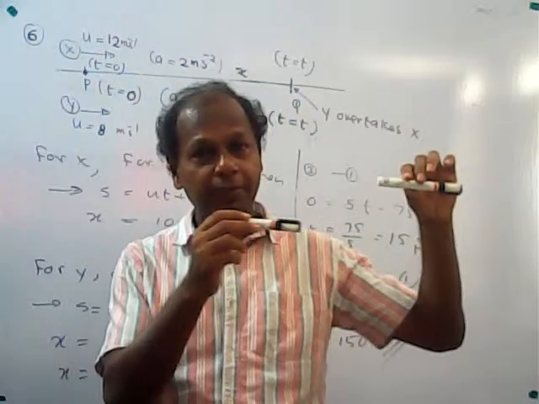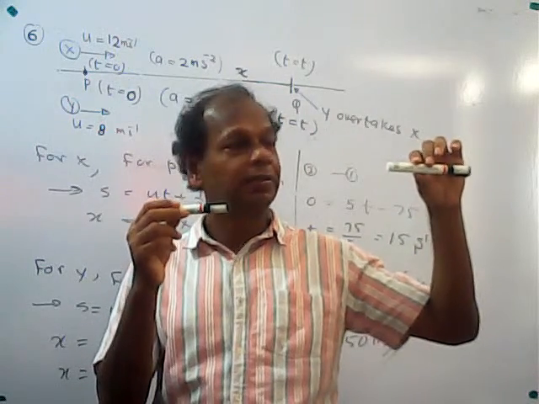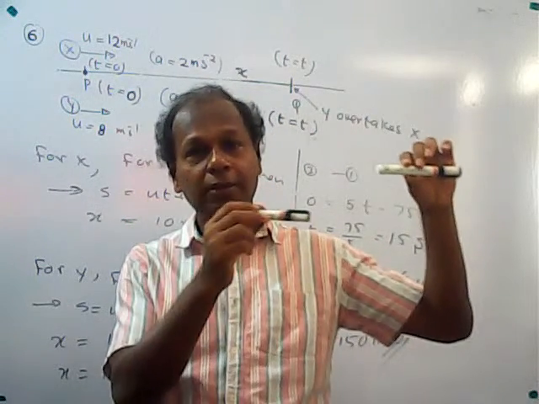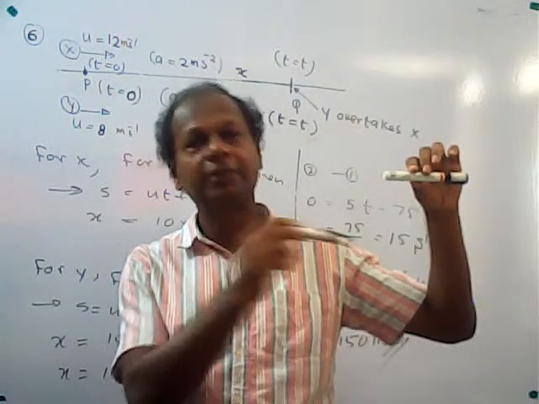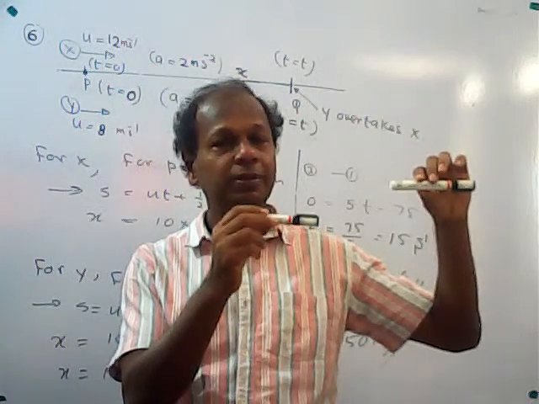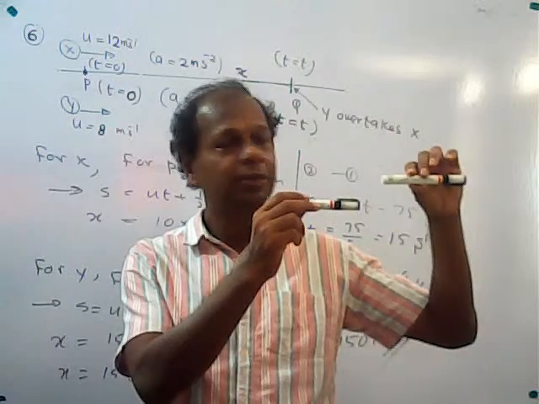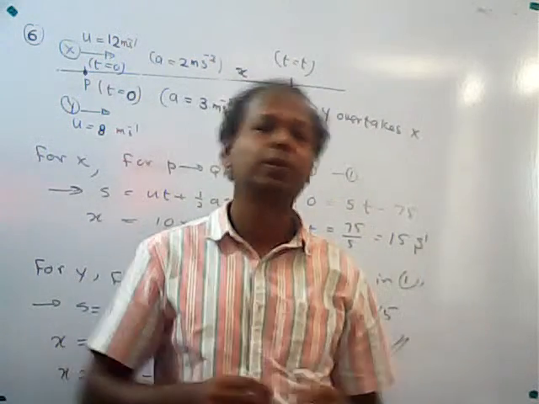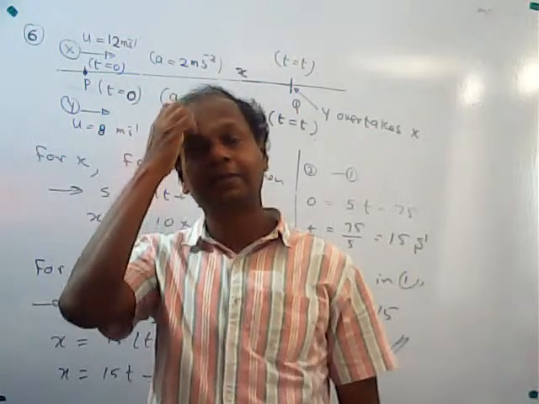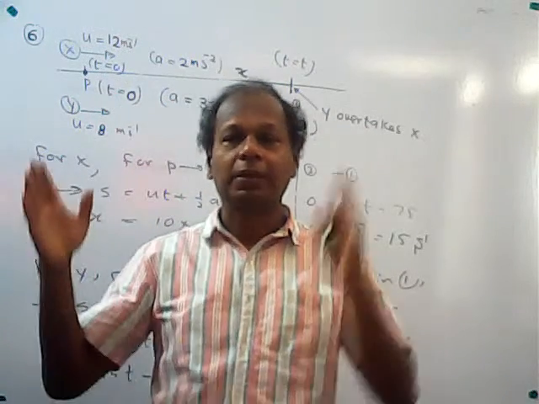After that instant, the velocity of y will be greater than x and further increasing, right? So after that instant, the gap will be gradually decreasing, and at one stage, y will be able to overtake x. That's what happens, right?